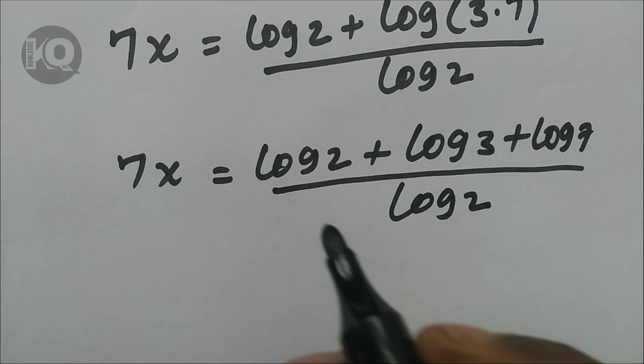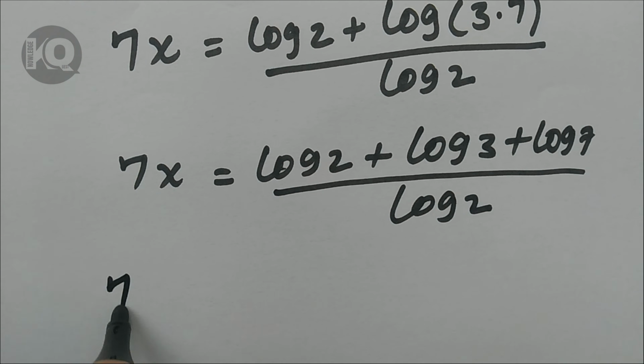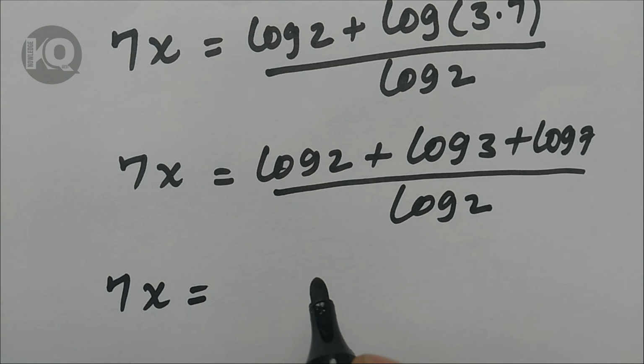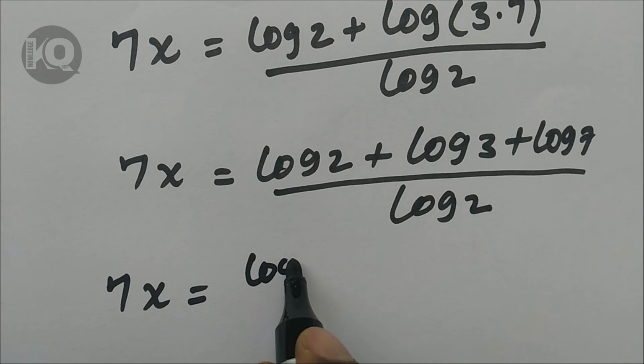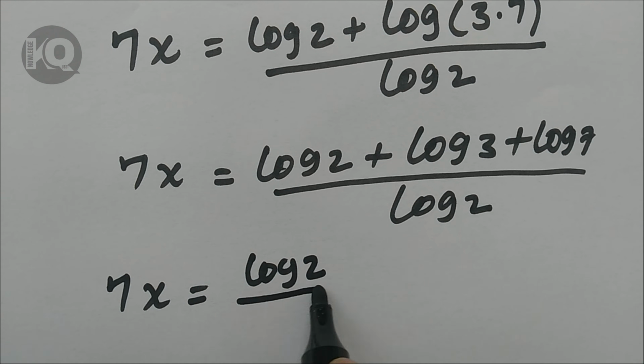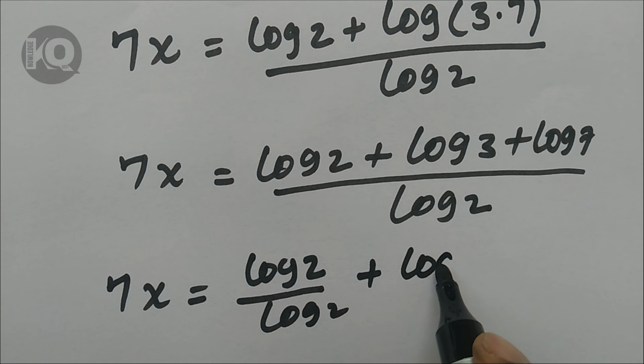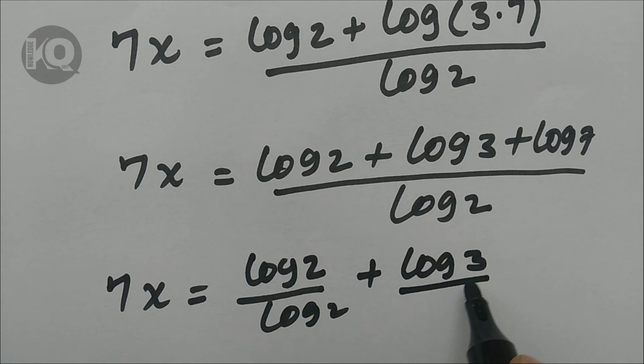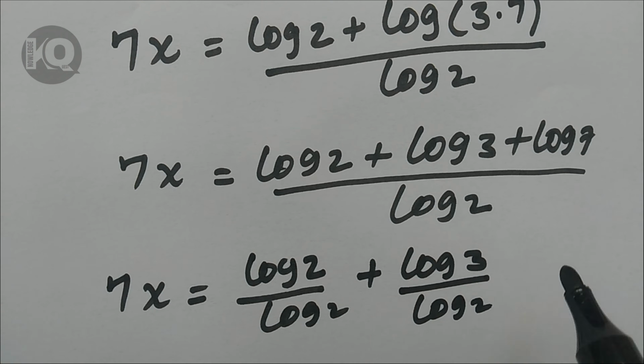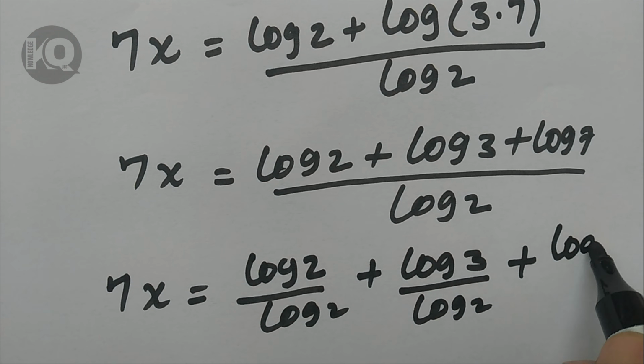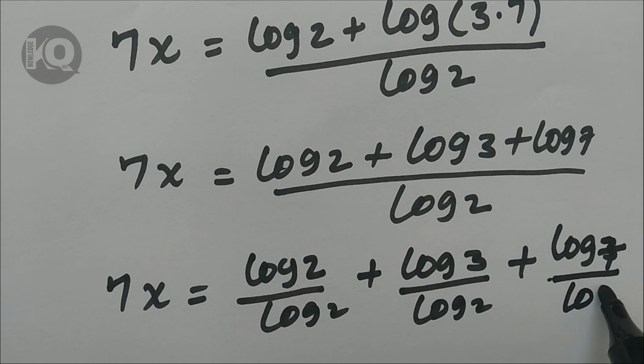So this will be written as 7x, which is equal to, let's separate, log 2 divided by log 2 plus log 3 divided by log 2 plus log 7 divided by log 2.